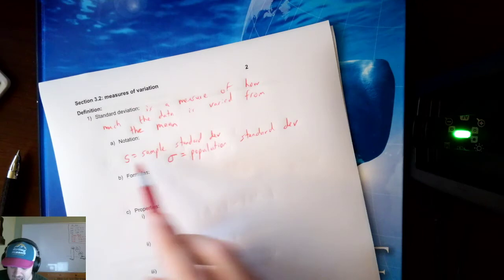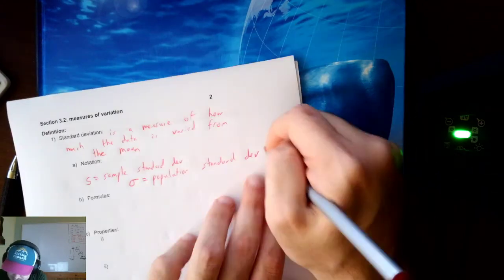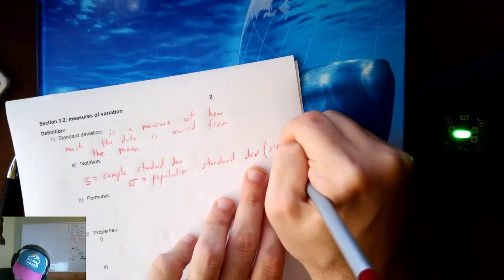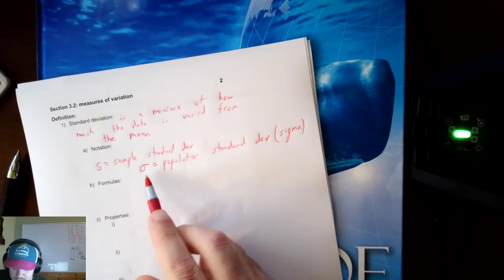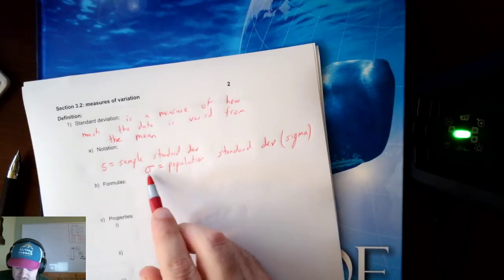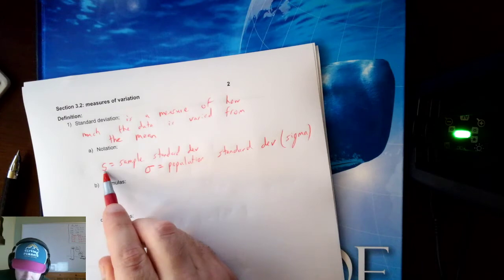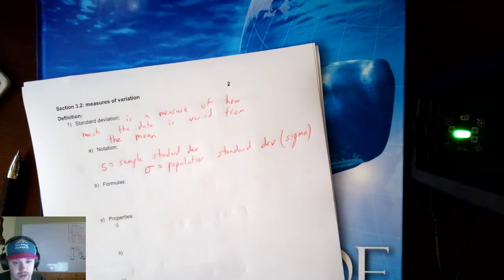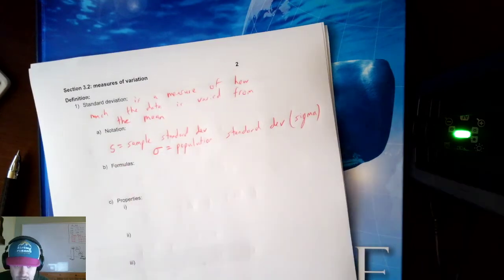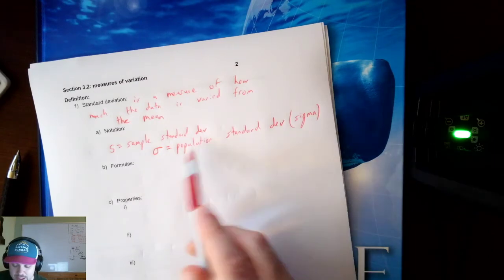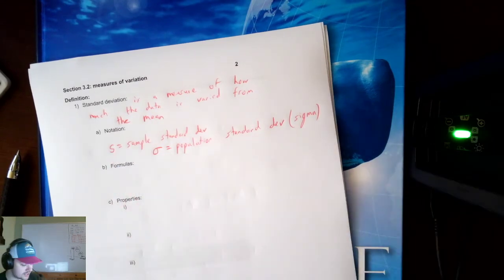So sample and population have different letters: s and sigma. Once again, the Greek letter is for population and the English letter is for sample. Greek letters for population, English letters for sample.